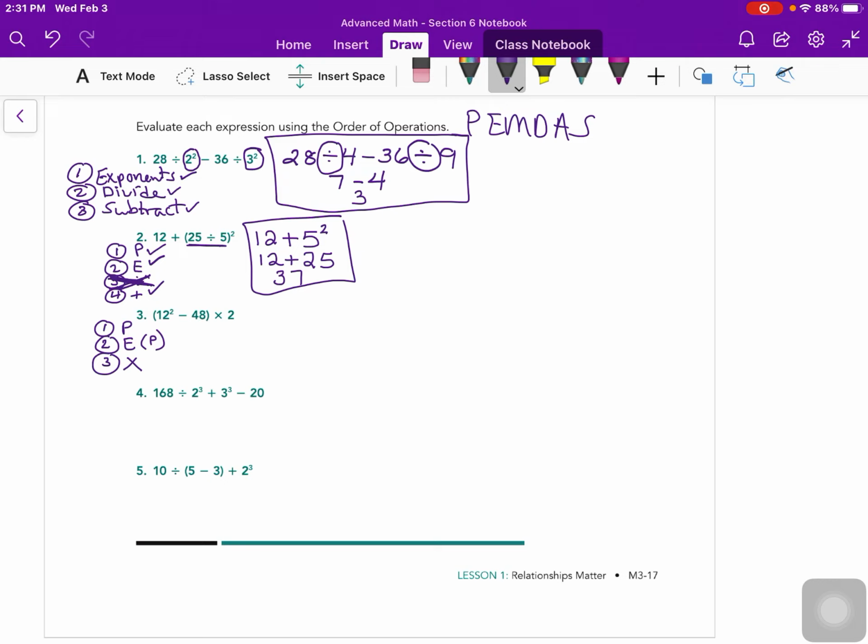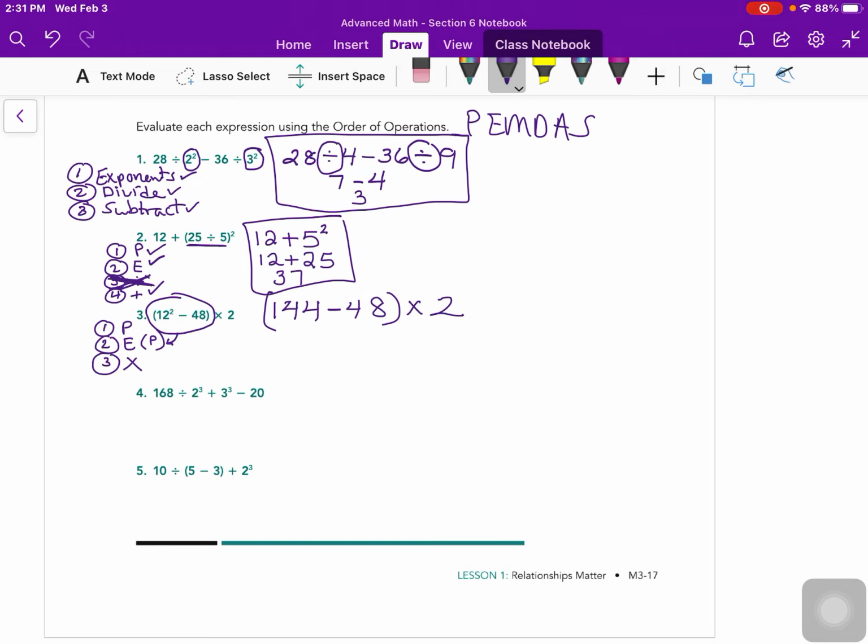So let's get started. In the parentheses, so that's this whole part, I'm going to do what it says, and it says 12 to the second power minus 48. Before I can do the minus, I have to do the exponent. And so 12 to the second power is 12 times 12. That's 144 minus 48 times 2.